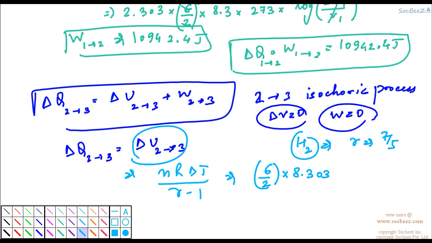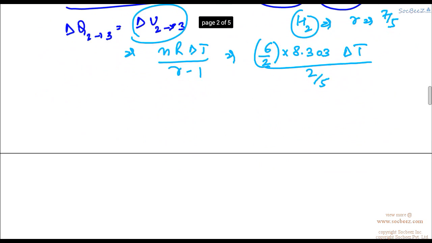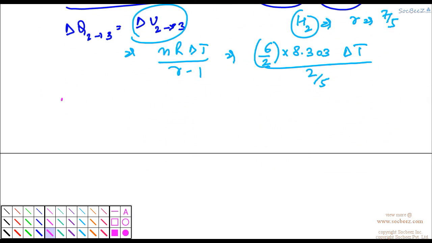Now we have to find the delta T. So delta T upon 2 by 5. So this is our equation. We have to find the value for delta T. Delta T is basically temperature of 3 minus temperature of 2.